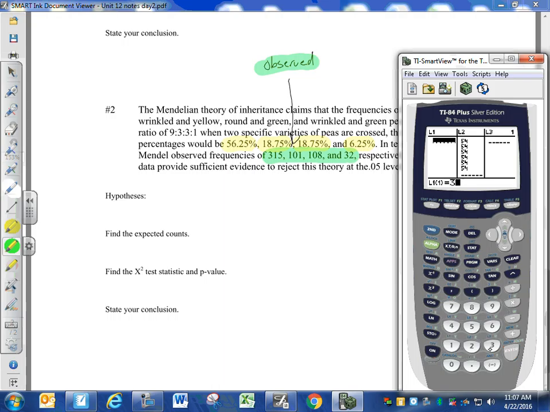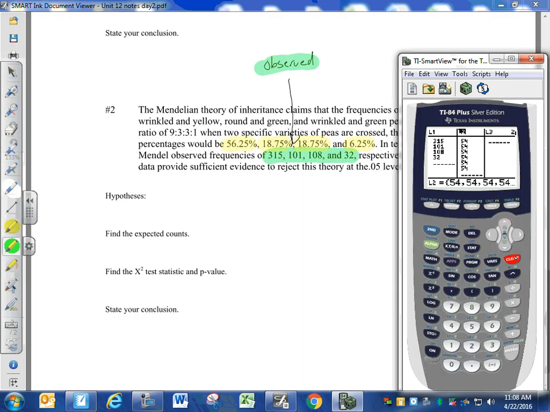I'm just saying you have observed, go ahead and put them in. Now, if I had this many peas and this was true, how could I find my expected values to go into L2?